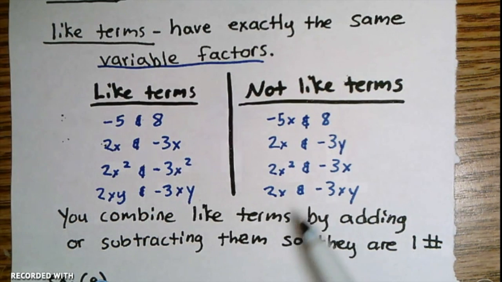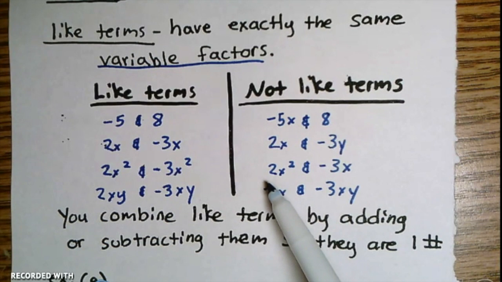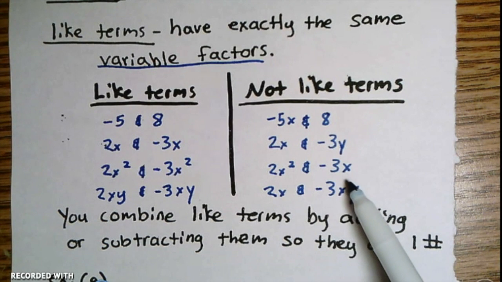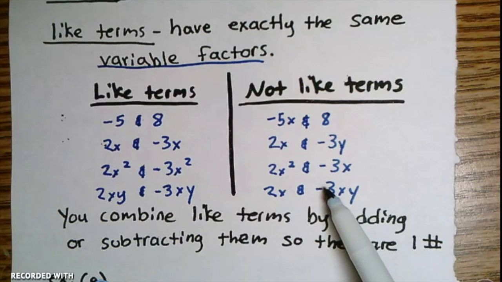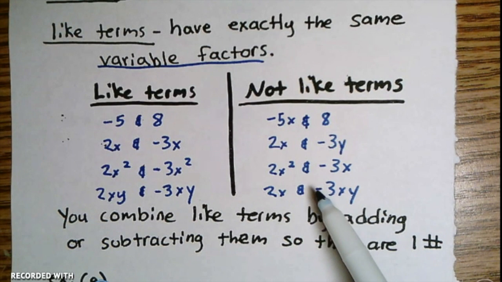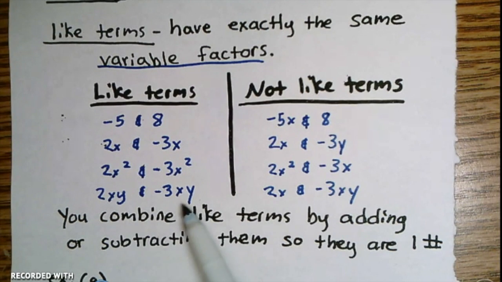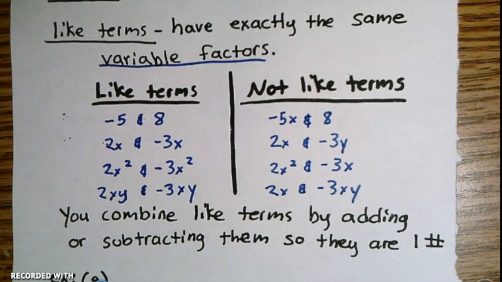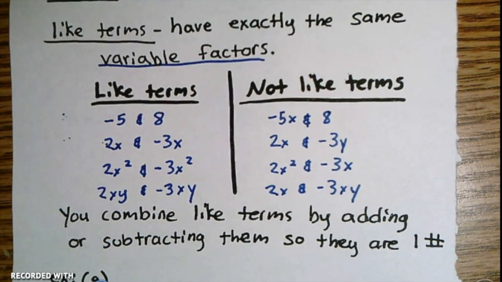But over here, if I have a 2x squared and a -3x, I cannot combine them because they do not have like terms. So I can only combine them if they have the exact same ending. We can call it their last name. So this family here, they have a last name of xy. They can be combined with any other family that has an xy last name.